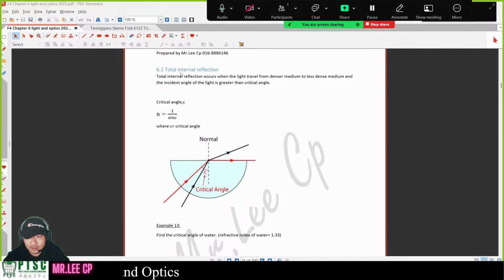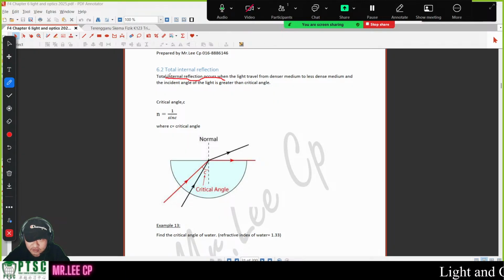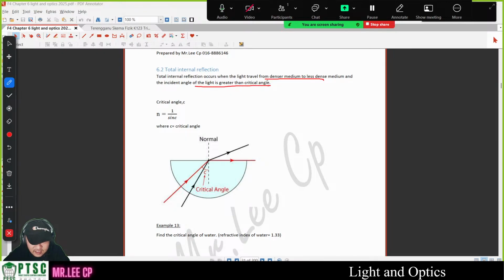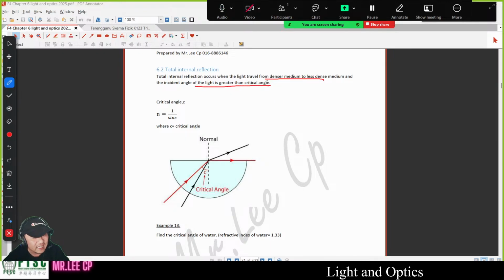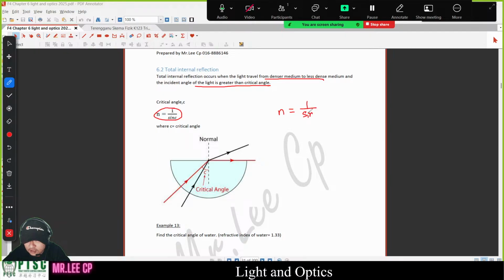So 6.2, total internal reflection. What is total internal reflection? Total internal reflection occurs when the light travels from denser to less dense, remember, and the incident angle is more than the critical angle. Now, the first thing is n is equal to 1 over sine c, where c is the critical angle.